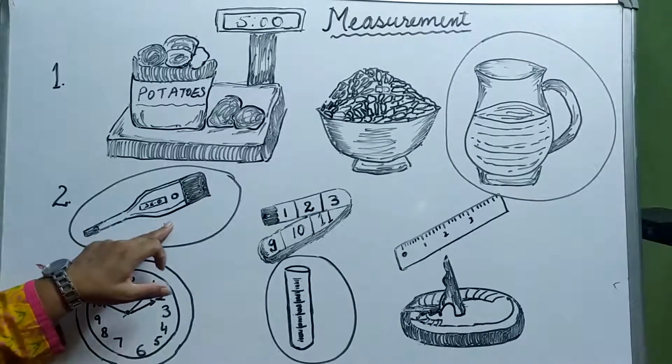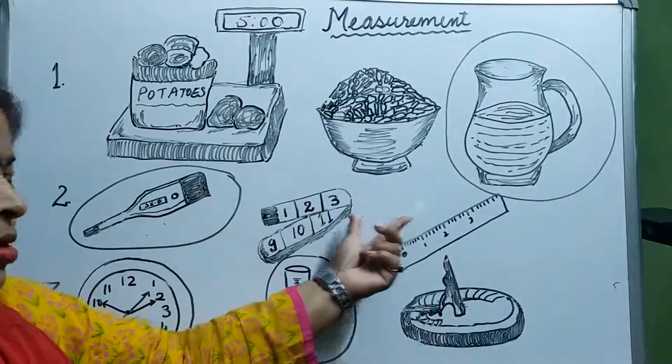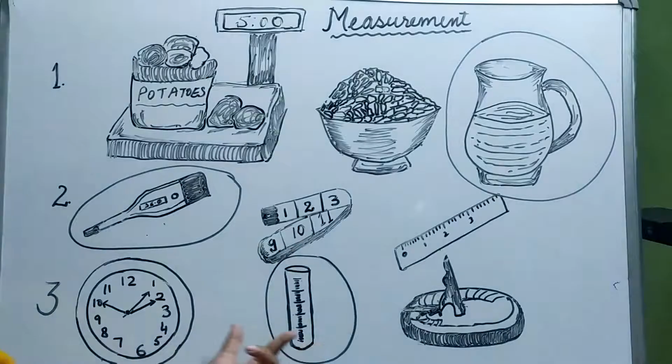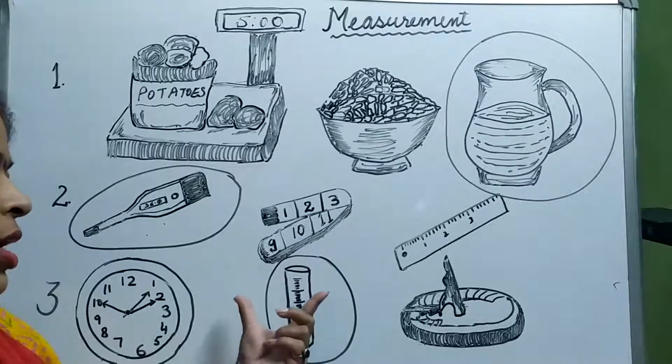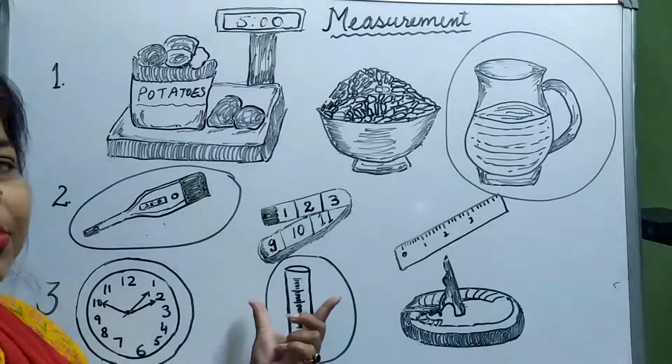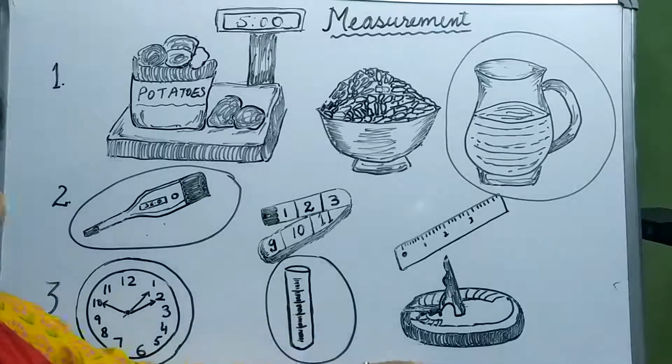So it is the odd one out because these two are used to measure lengths. Then in the third one, what is the odd one out? This test tube. Why is this test tube the odd one out? Because it is used to measure the quantity of substance, while these two are used to measure the time.